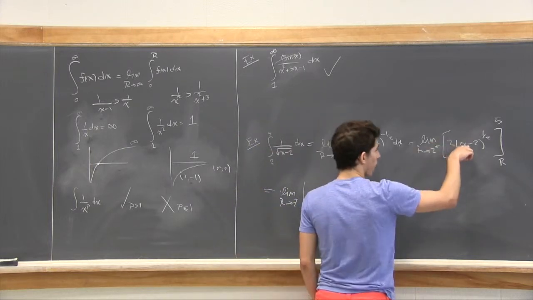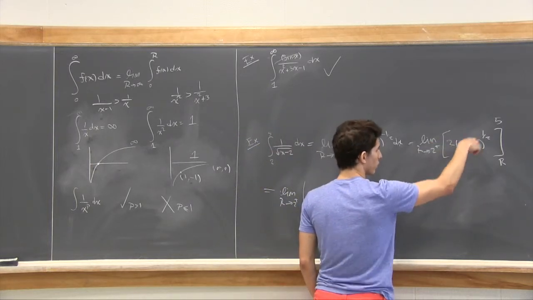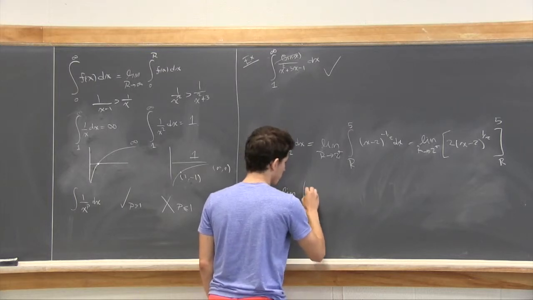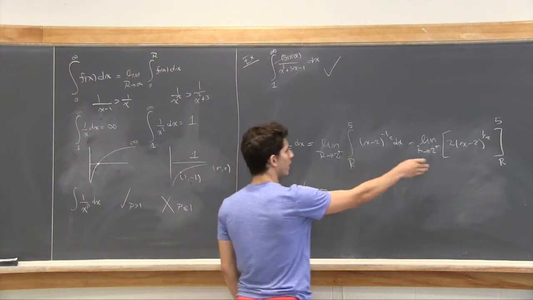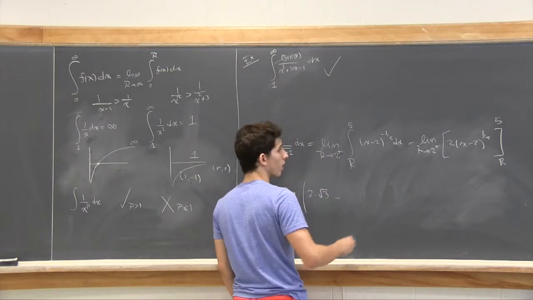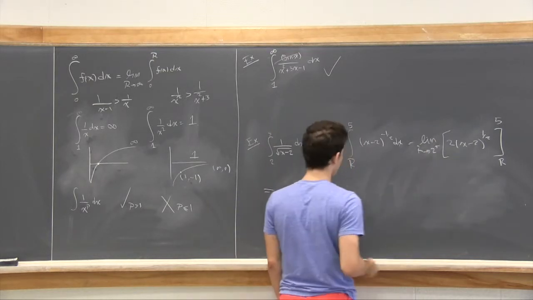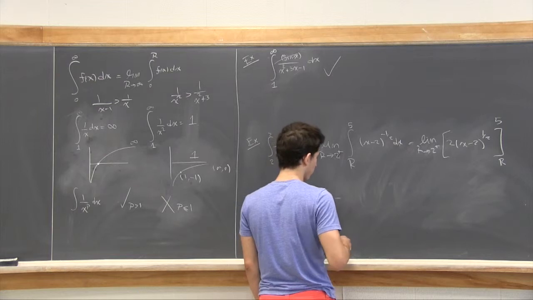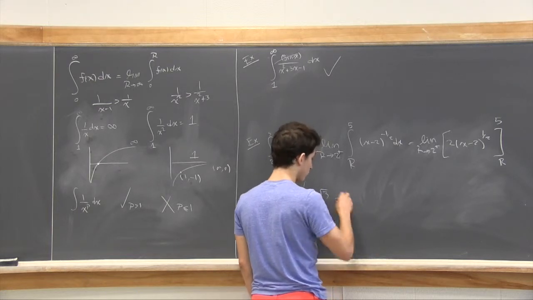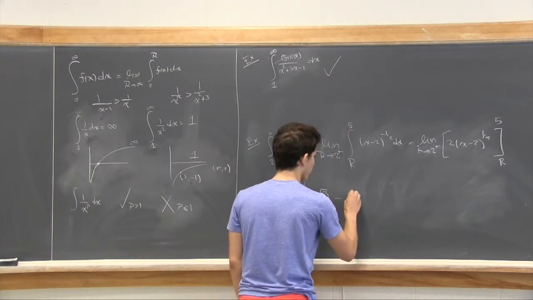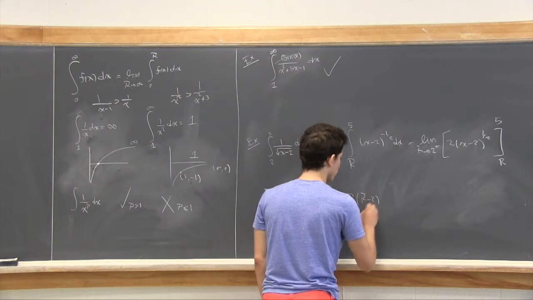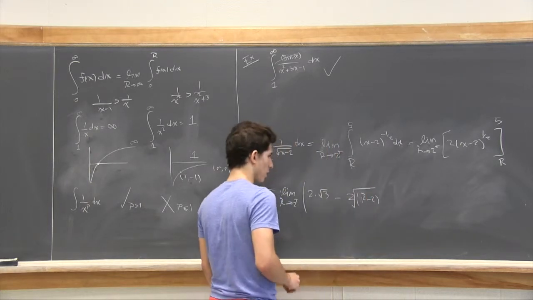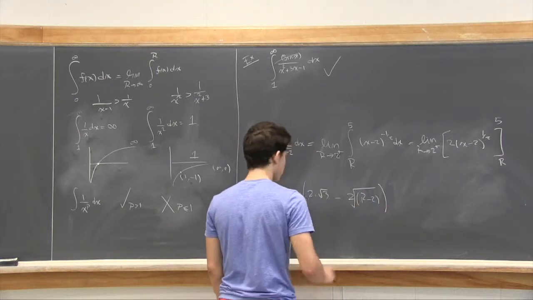I'm going to plug in 5: 2 times root 3. And then I'm going to plug in r. I'm going to get 2 times r minus 2 inside the square root.